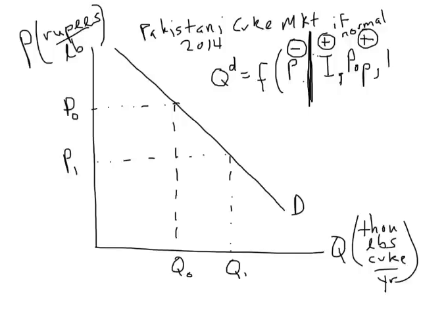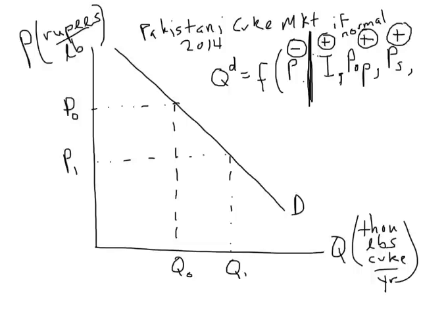Well, the price of a substitute might affect how much cucumbers. Let's say Pakistanis like in their salads, they either like cucumbers or sometimes they use radishes in salads, but they don't like them both together. I'm just making this stuff up. But if there's a substitute for a cucumber and the price of the substitute goes up, well, the quantity demanded of cucumbers is going to go up, right?